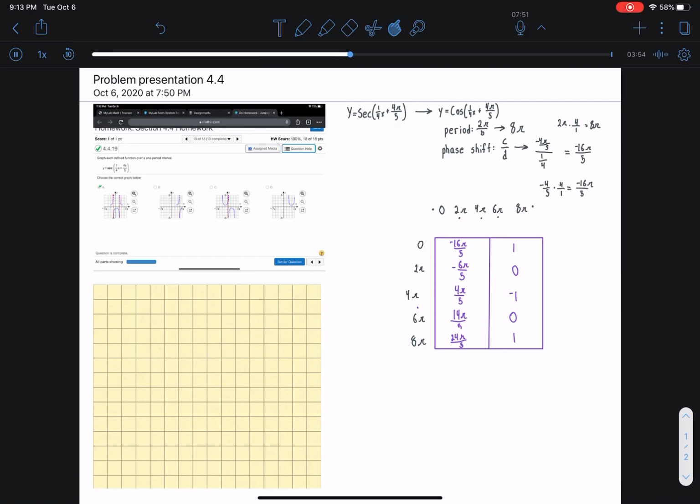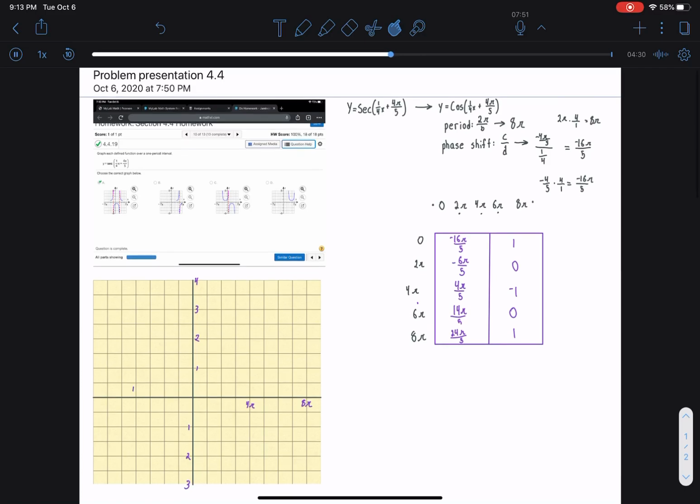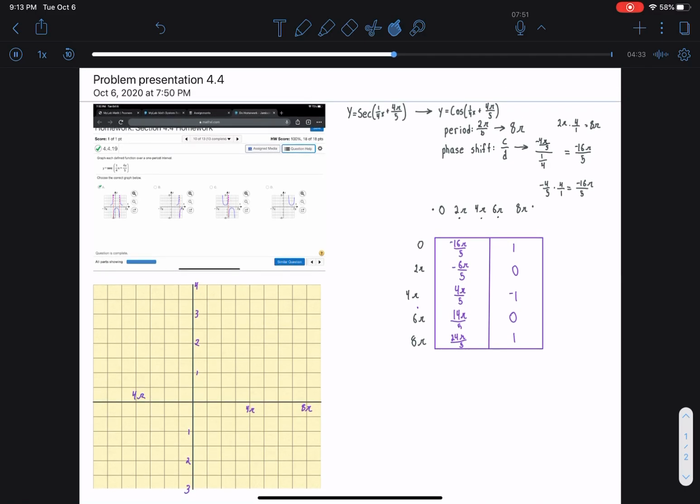And after we get these values, we're going to want to graph this cosine function. We're going to just label it really quick with some stuff. Alright, we're going to put 4 pi there, 8 pi there. We're going to just do 1, 2, 3, and 4. And then we're going to also do over here, we're going to put 4 pi, just to clarify where we're at.